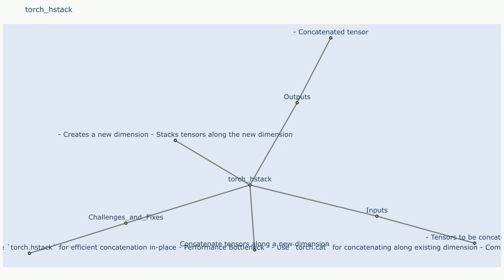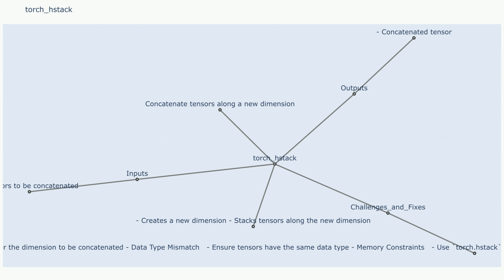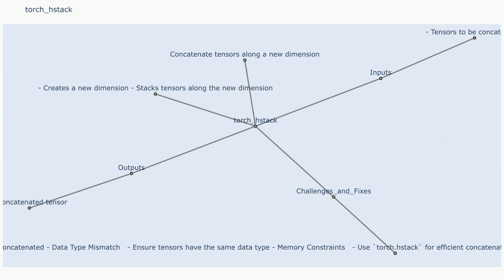Input 2: tensor 2. This is the second tensor to be horizontally stacked. Like the first tensor, it can be 1D, 2D, or higher dimensional. The number of rows in this tensor must match the number of rows in the other input tensors. You can include additional tensors as inputs to this function.